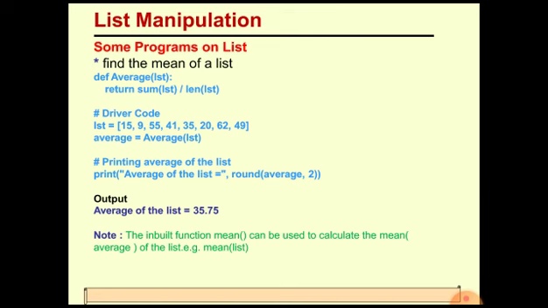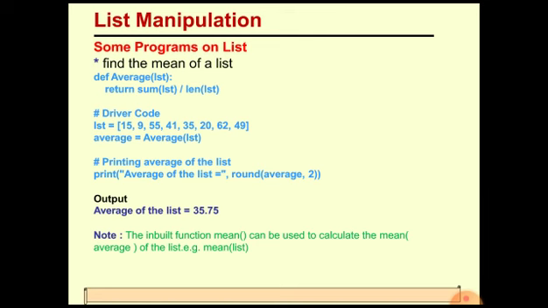Okay, what is there in this expression here? Sum of list divided by len of list. Here sum will provide us with the sum of all the elements of the list, and then it is divided by len of list. Len is a function which provides us with the number of elements of the list.